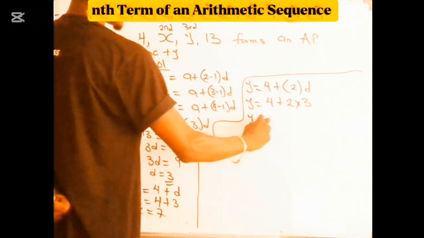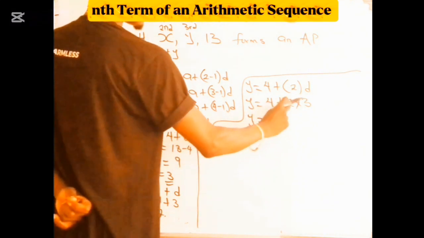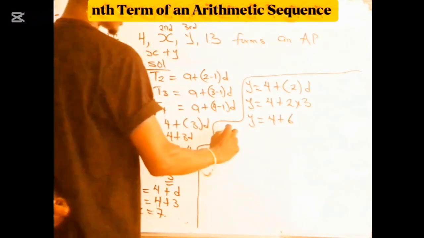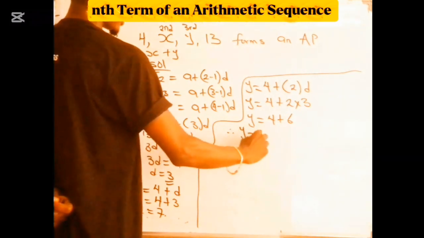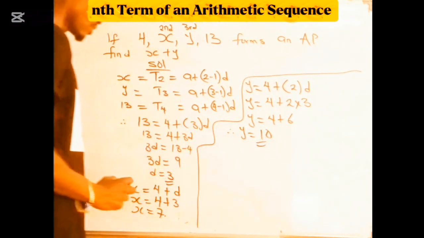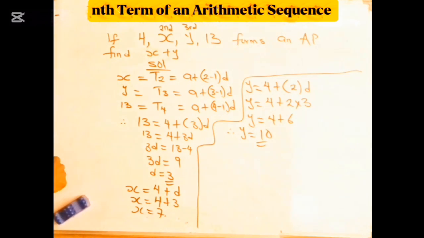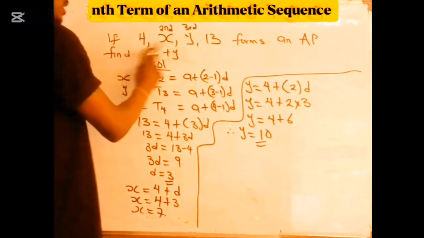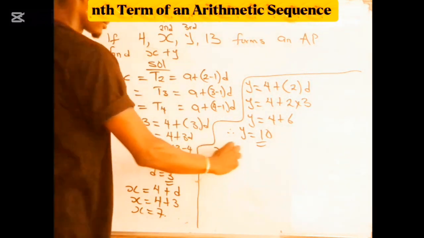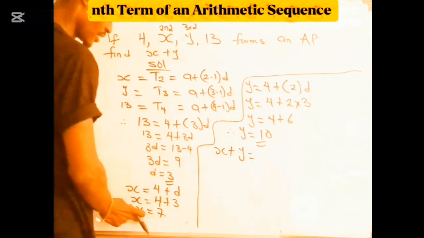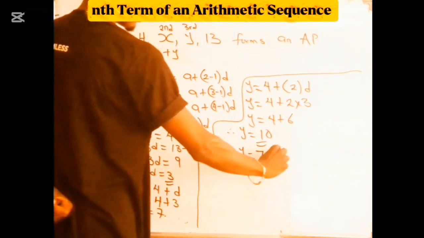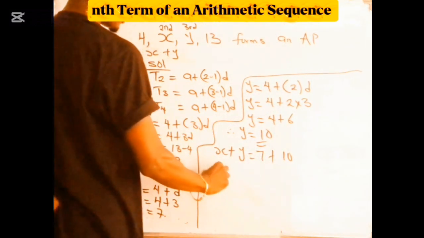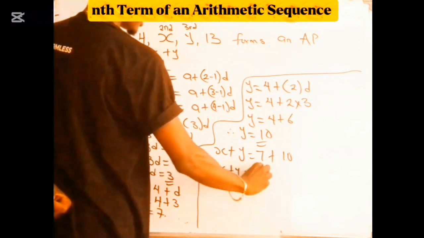So y is 4 plus 2 times 3, which is 6. Therefore, y is equal to 10. What's our D? Our D is 3. Therefore, x plus y will be 7 plus 10. That means x plus y is 17.